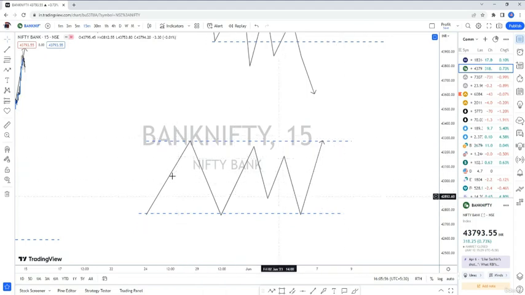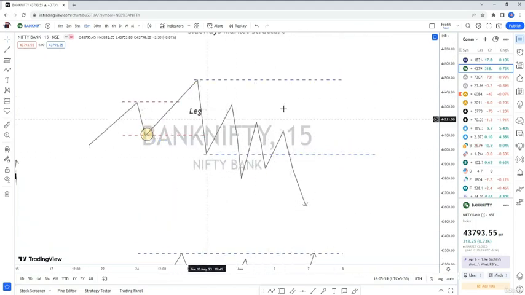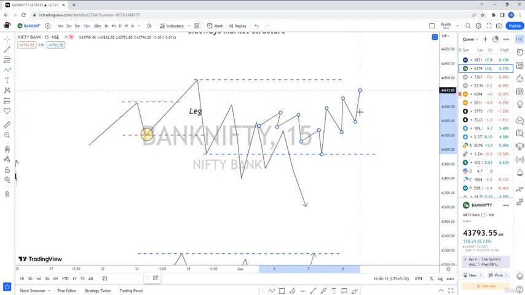We do not know if it's going to go up or down, and inside this boundary it can play however it wants. Inside this leg it could make some sort of downtrend, uptrend, again downtrend, uptrend. Anything is possible.